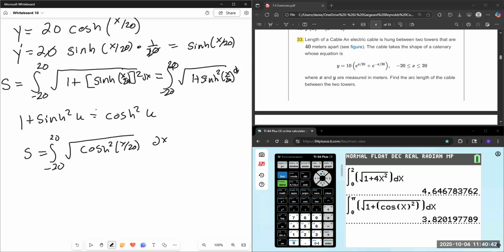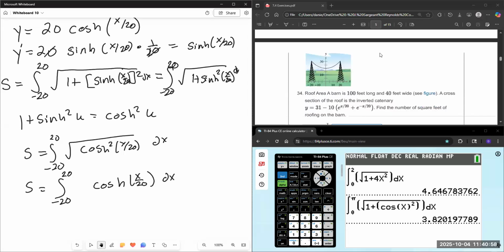And so this is s is integral -20 to 20 of cosh x over 20, no square root anymore. Now I already showed you a picture of what the hyperbolic cosine function looks like here, and it has y-axis symmetry.